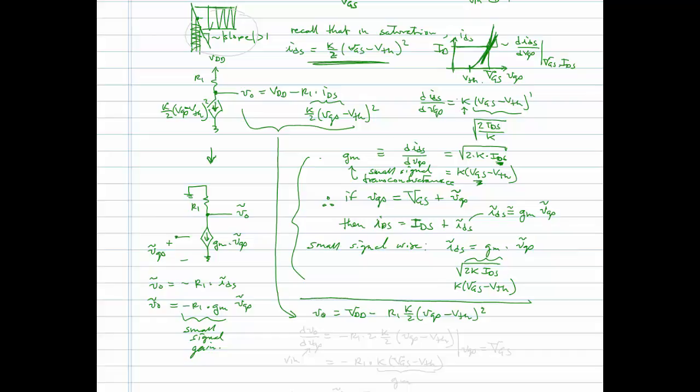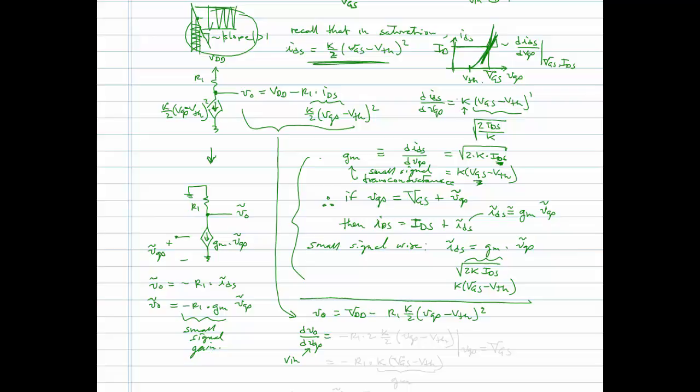Now, if we want to know what the small signal gain of this amplifier is, remember we wanted the slope back here, we need to take the derivative of VO with respect to VGS, or Vn. Vn is the same as VGS. So let's do that.